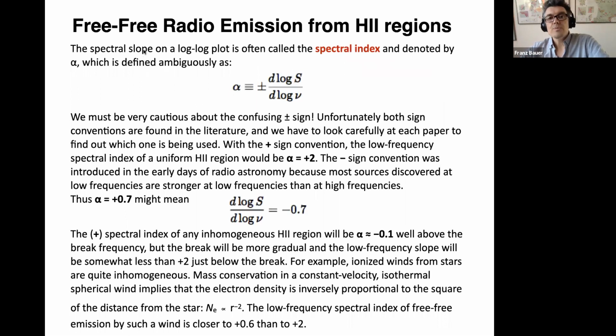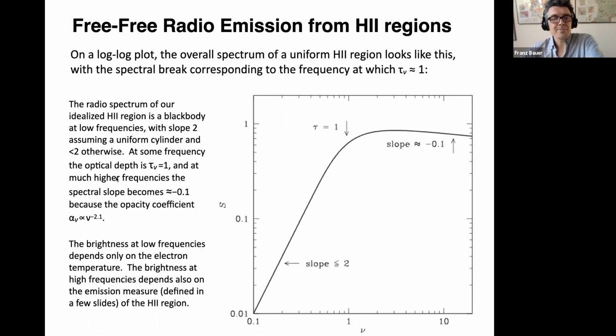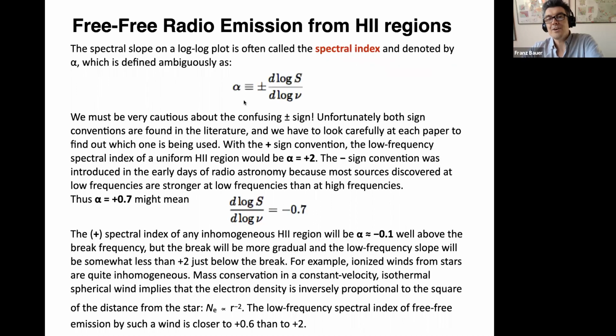Okay, so I mentioned that these opacity coefficients here are proportional to this frequency. We can also measure the slope. Turns out the slope is also given by alpha by radio astronomers, so you have to be careful. This is the spectral index.